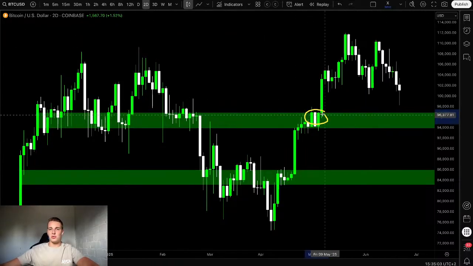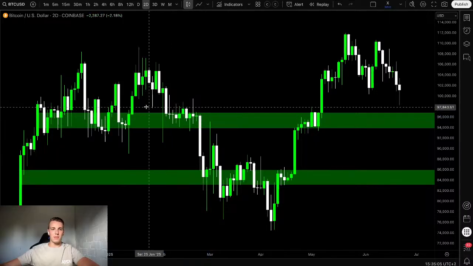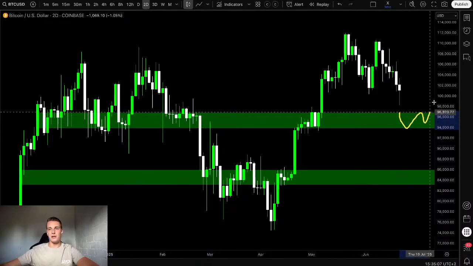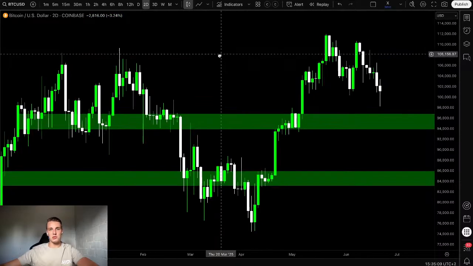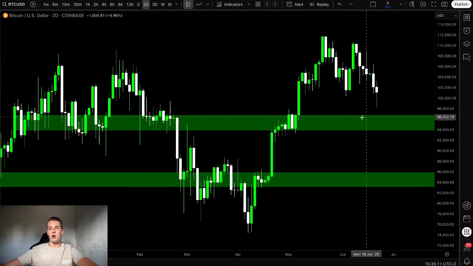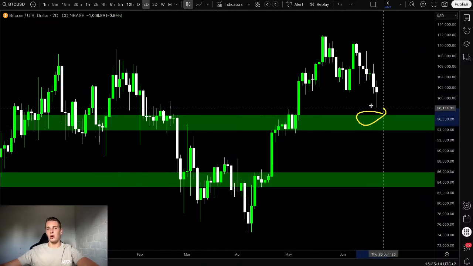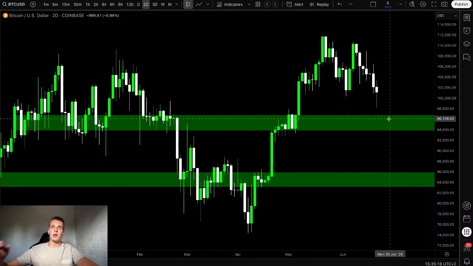Then we have these two zones, which I've been talking about in my daily update videos, where I want to be looking to add some spot to my portfolio and also open up a swing trade with low leverage, of course, because you need to understand right now that the volatility is pretty high. We don't know what's going to happen with Iran and Israel, and we're not going to gamble on the war right now.